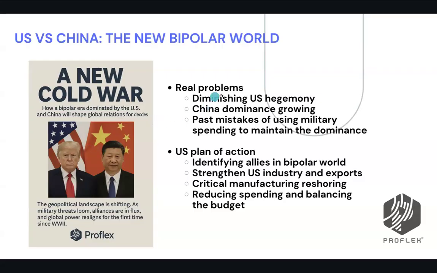So what are the real problems? Why is the US taking this approach? It is a very simple thing. We have been living, if you have seen, mostly in a unipolar world where the US has been dominating. And as we just saw in the previous slide, China is slowly taking over the world just by becoming the factory of the world.